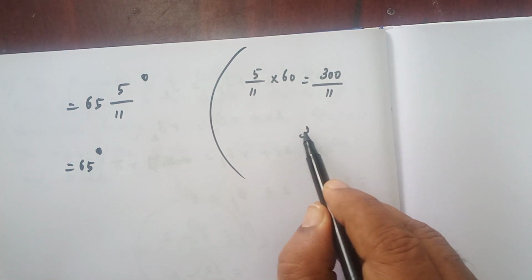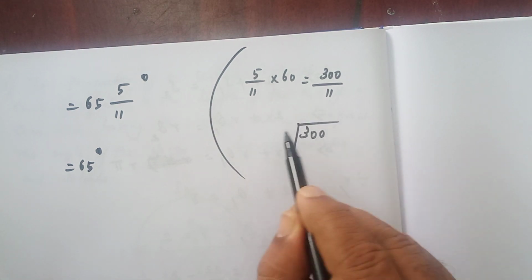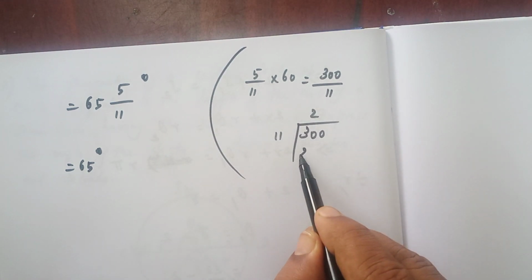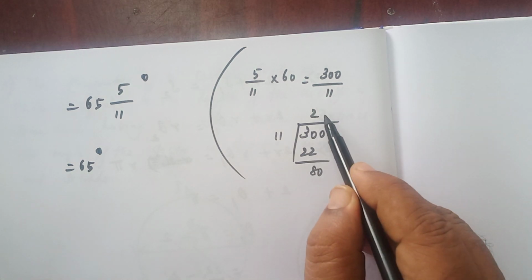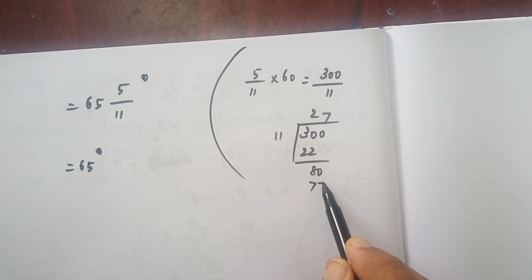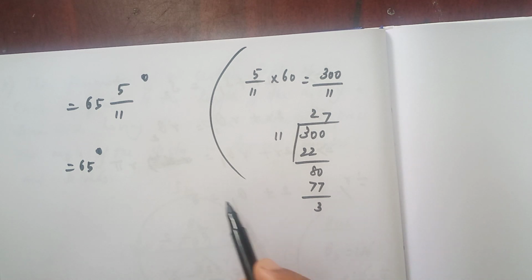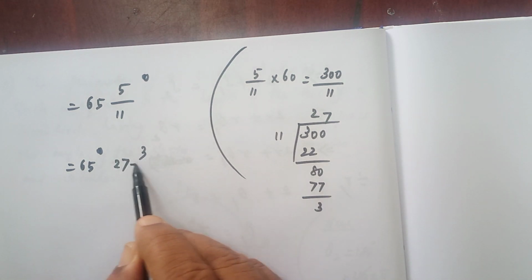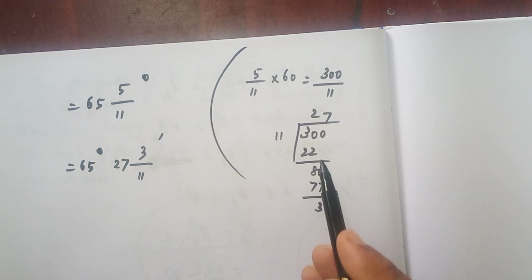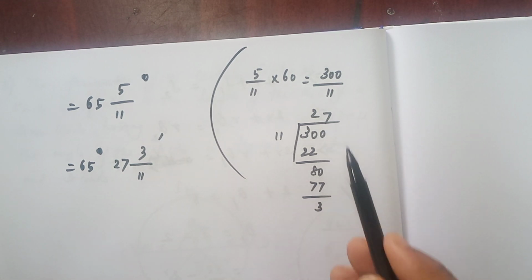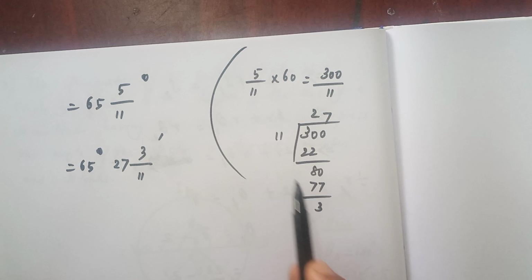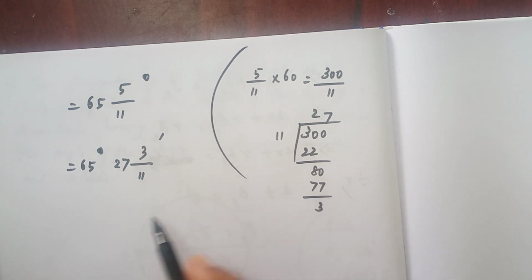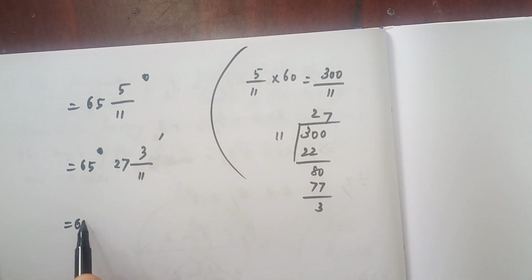Now I divide 300 by 11. 11 twos are 22, balance 8, 0. 11 sevens are 77, balance 3. That is 27 and 3 by 11 minutes. Write the quotient first, then remainder by divisor. That means 65 degrees 27 minutes.